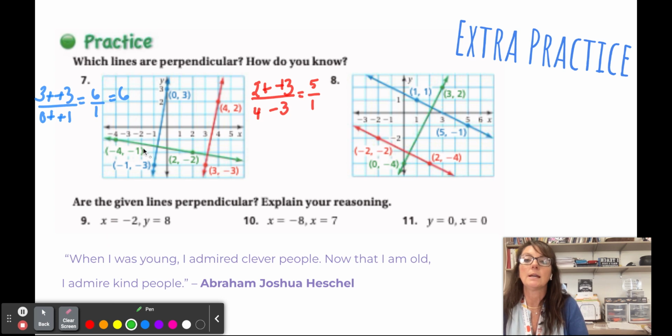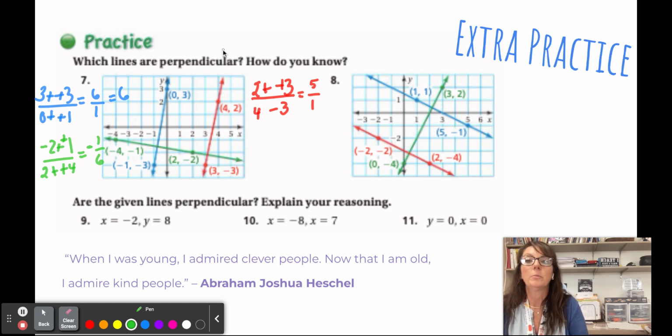And the green line, this is -4, 1, and 2, -2. So -2, change in y, minus a -1, so that's a double negative there. And then 2 minus a -4. So we're going to have -2 plus 1, so this is going to be equal to -1. And then 2 plus 4 is 6. So a -1 over 6.